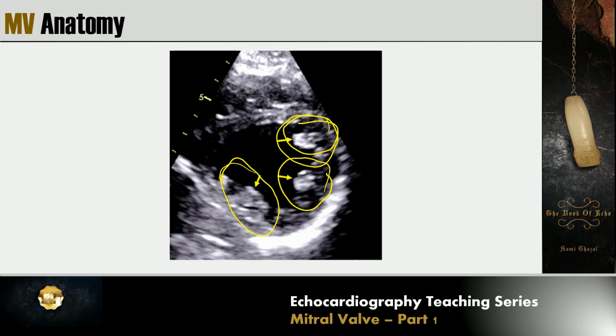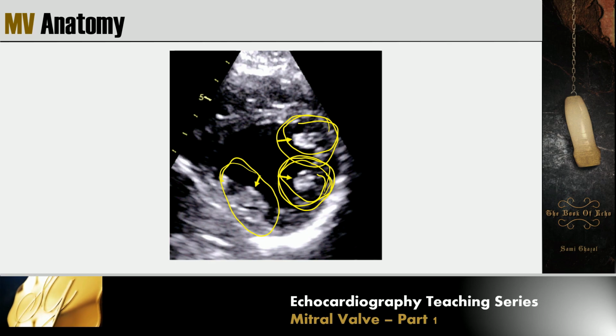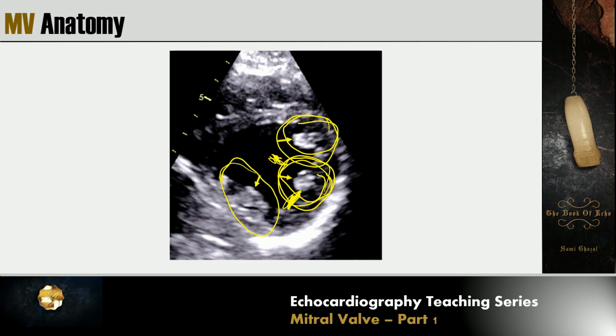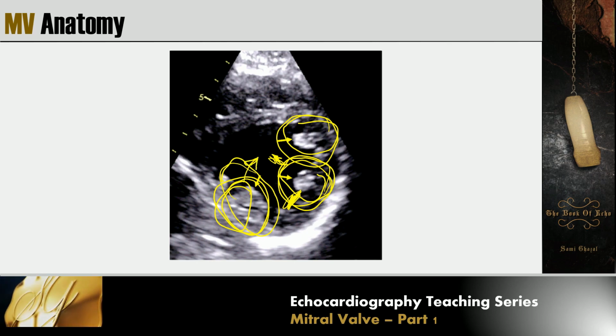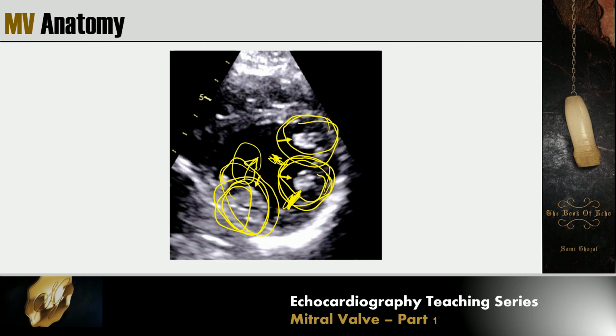So the anterolateral will give cords to the lateral side of the anterior leaflet, and also the lateral part of the posterior leaflet. Similarly, the medial also will give cords and attachment to the medial part of the anterior mitral leaflet, as well as the medial part of the posterior mitral leaflet.